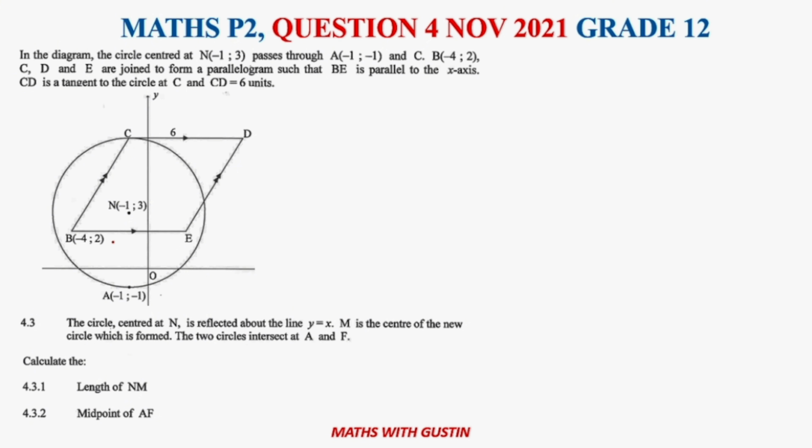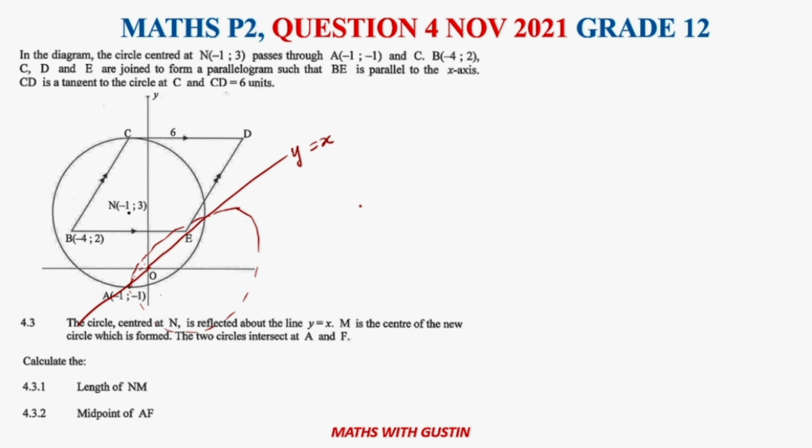You guys know the line y equals x is the one passing through the origin, like this. M is the center of the new circle which is formed. The two circles intersect at A and F, so there's a new circle that is formed here. I think F should be somewhere there.